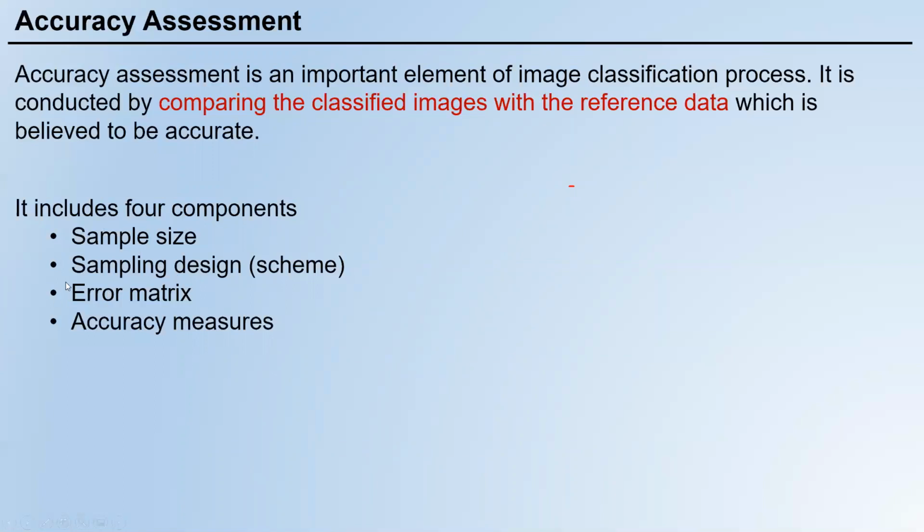And also you need to create something called an error matrix to compare your results, represented by samples, with reference data. And you need to use accuracy measures to quantify the accuracy. Okay, let's just go through these four components.